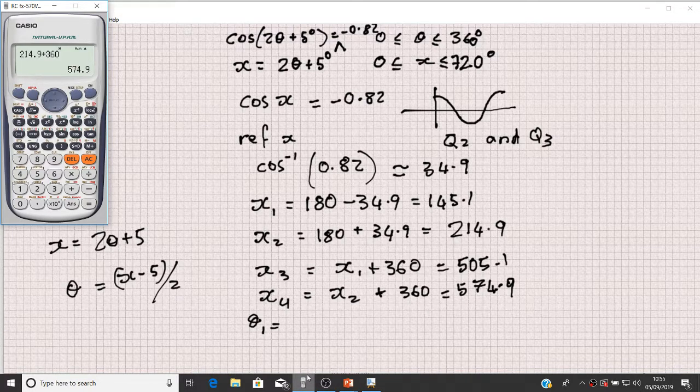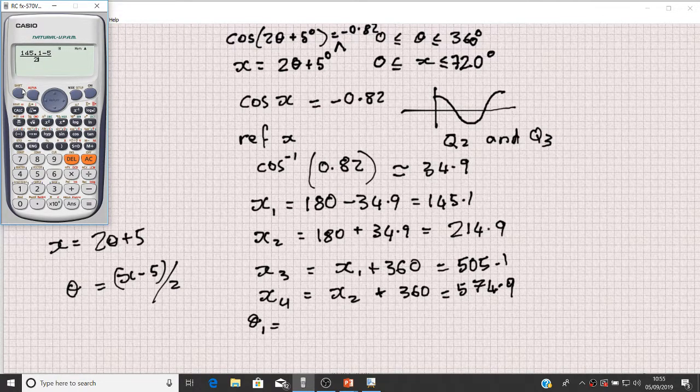so it's x1, I'll just clear that, and x1 is 145.1, minus 5, divided by 2.